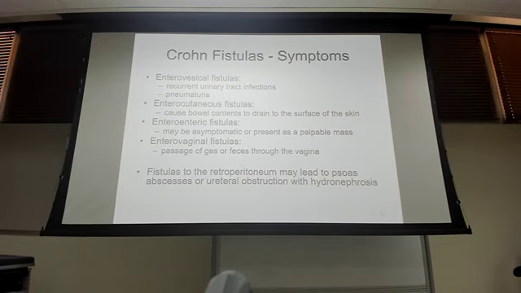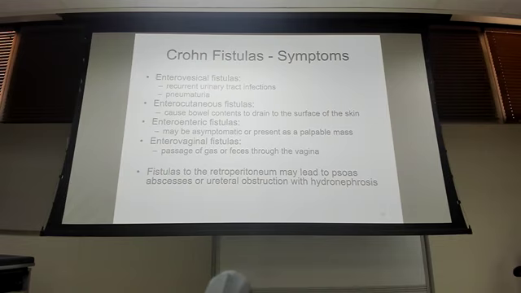If it's enterocutaneous, you're actually going to have bowel contents that drain to the surface of the skin. And then for enteric, it could be asymptomatic, or you could have a mass when it starts to go into the small intestine. And then enterovaginal, passage of gas or feces through the vagina, because there's a tract going from the large bowel to the other organs.